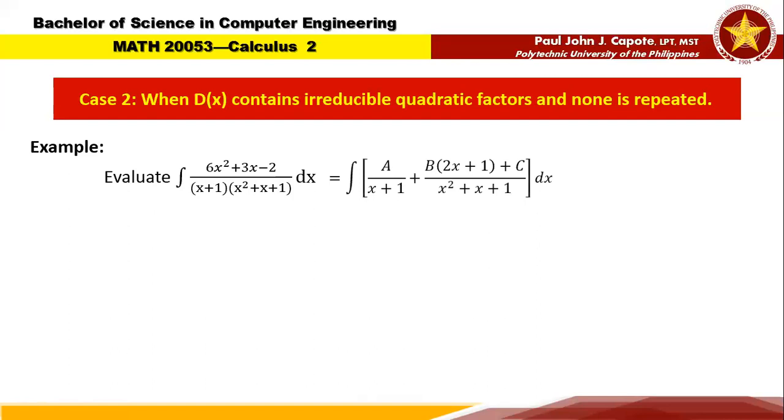So we will transform this given integrand into these partial fractions. Notice that the first term in the partial fraction is the form that corresponds to a linear factor, while the second term is the form that corresponds to a non-repeated irreducible quadratic factor.